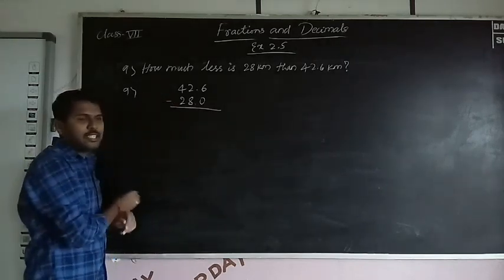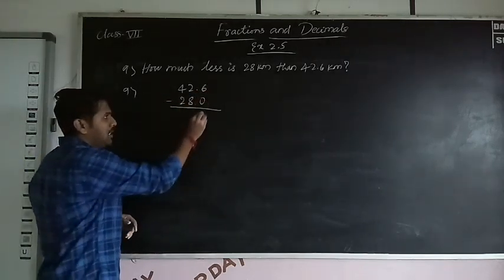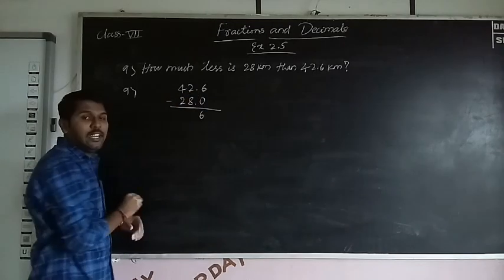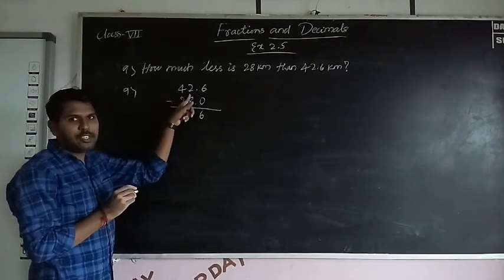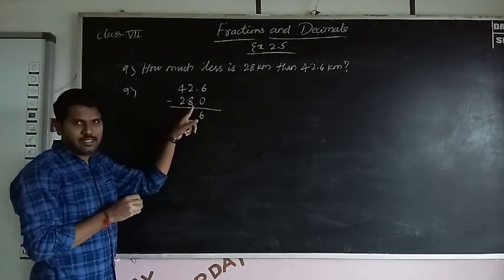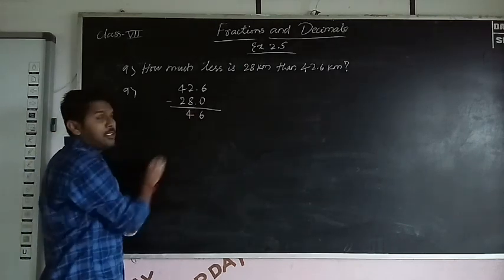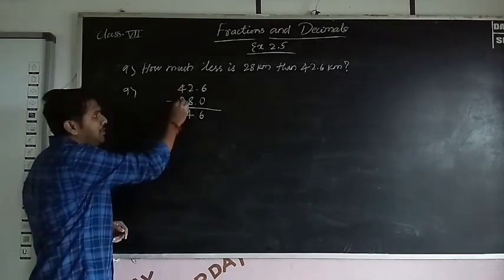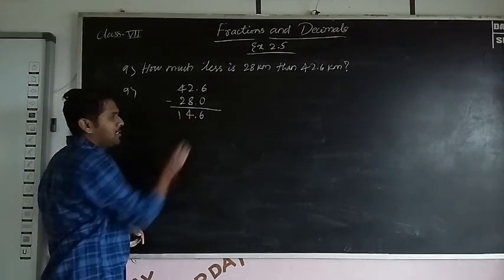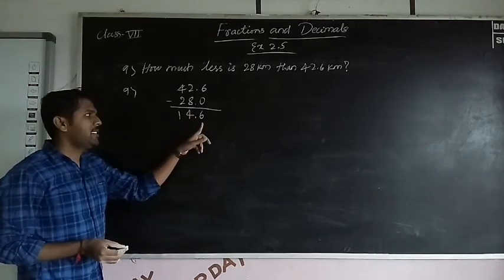So now subtract it. 6 minus 0, 6 only. Here 2 is there, here 8 is there. So 10 plus 2, 12. 12 minus 8, 4. So 1 cancel, 3. 3 minus 2, 1. How much less? 14.6 less.